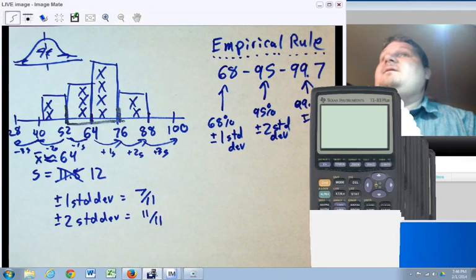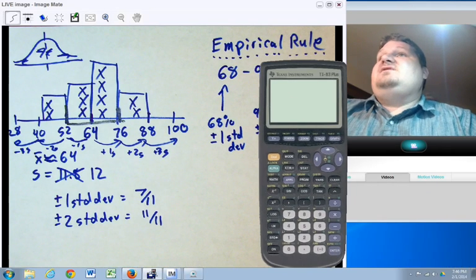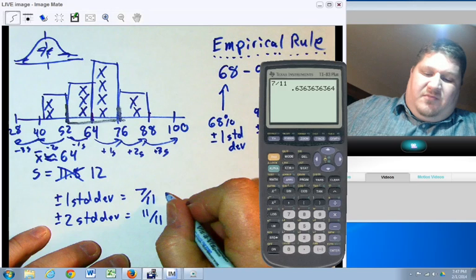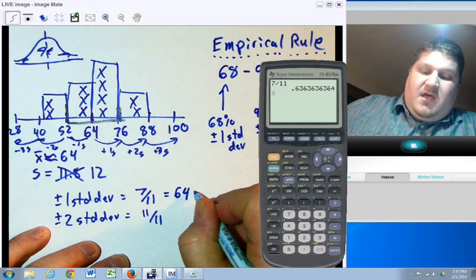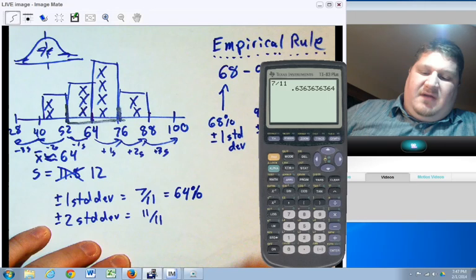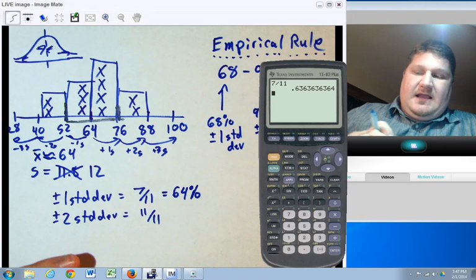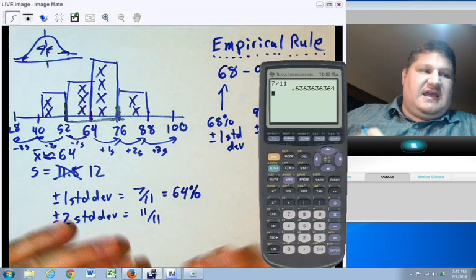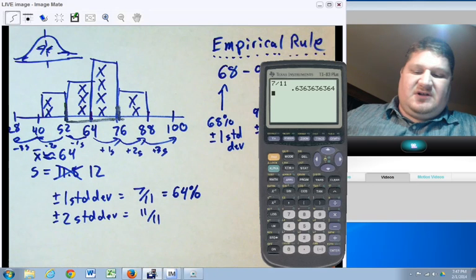Now, obviously 7 out of 11, we can ballpark it, but if we divide it out, I come up with 64%. By the way, when I made this data, my data just came as a guess. I just threw a bunch of numbers on a page.